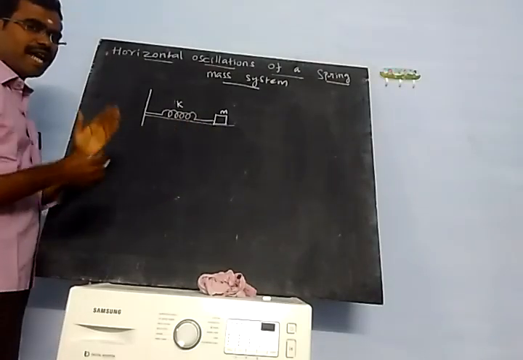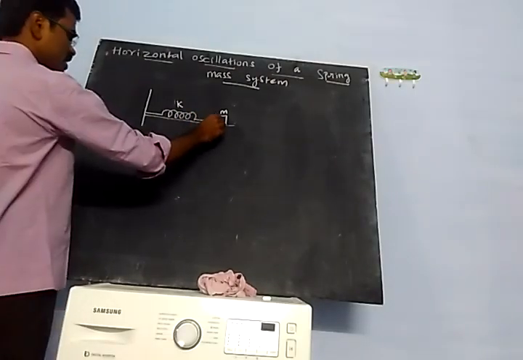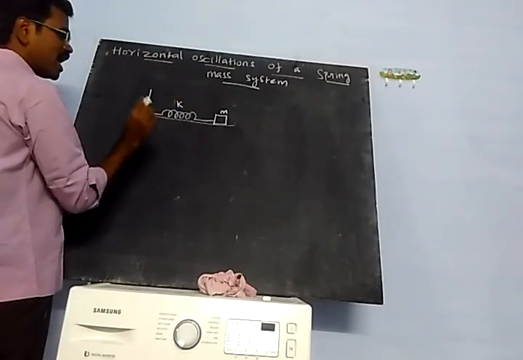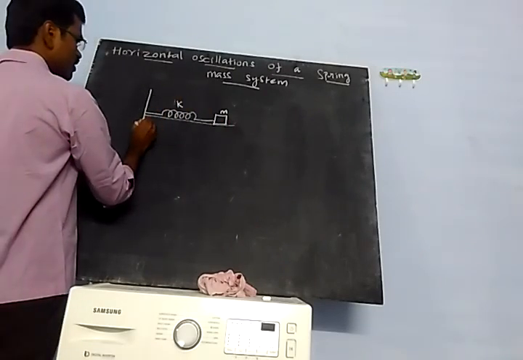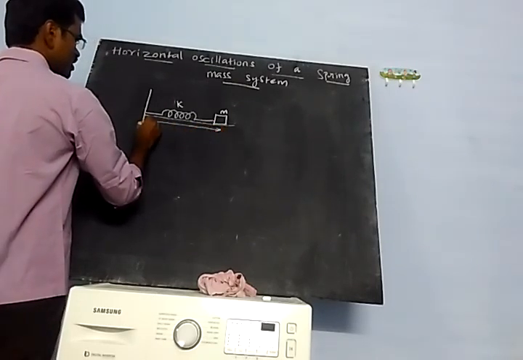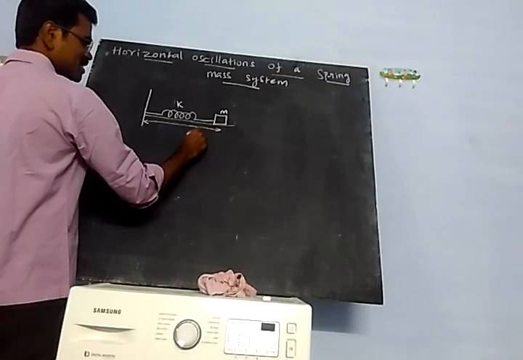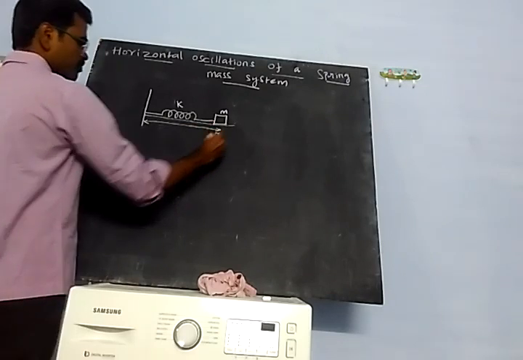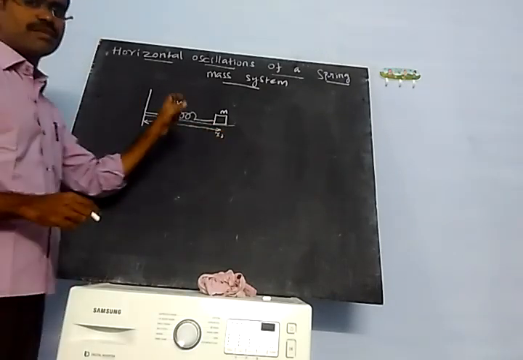Initially they are undisturbed, so the mass will be at the equilibrium position. That equilibrium position distance is x naught.